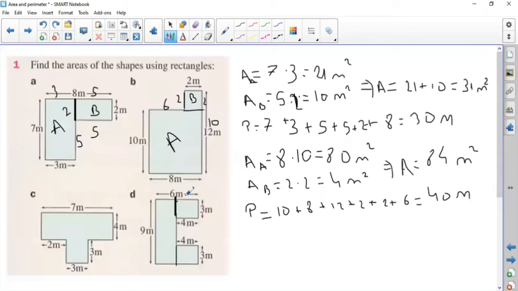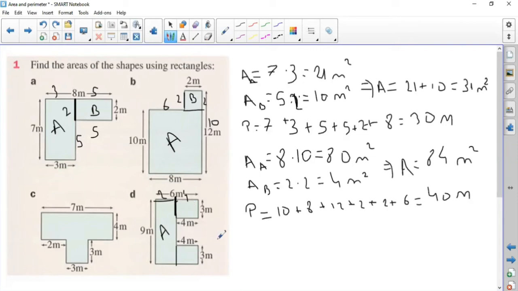This one is 4, which means the opposite side will be 4. Since this one is 4, what is this remaining side? 2 meters. So I have a rectangle A with dimensions 2 and 9, then 4 and 3, and 4 and 3.